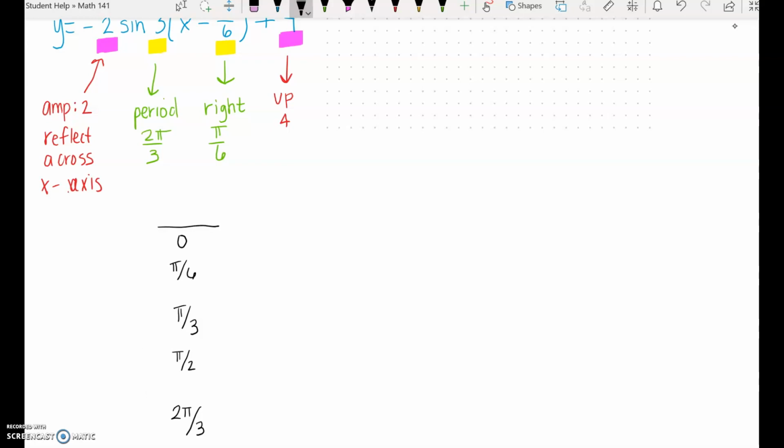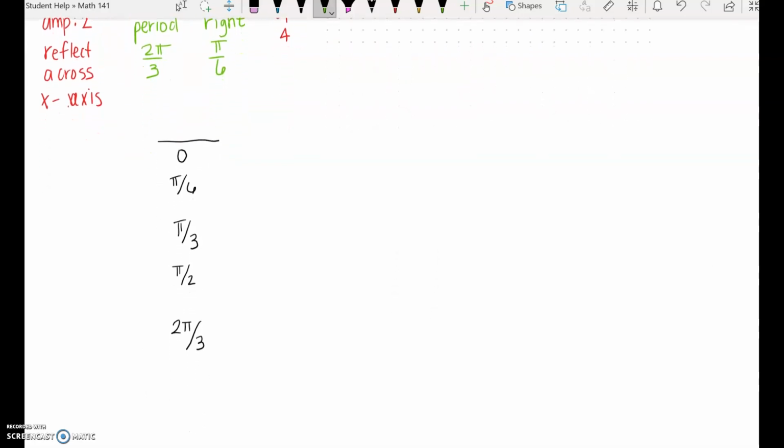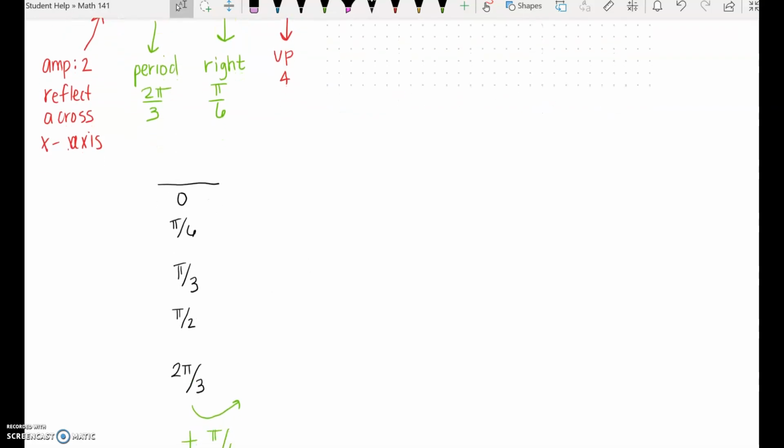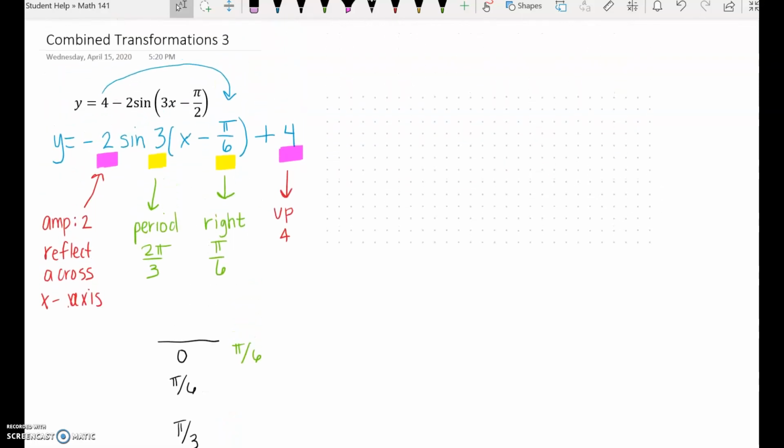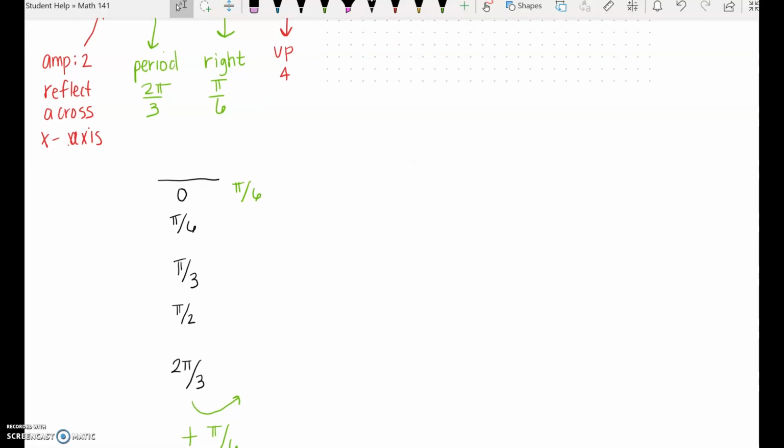All right, and then because we've got that phase shift to consider, we're going to add pi over 6 to each of these values. And so we're going to end up with pi over 6 as our starting point, and then this will be pi over 3, and that's 2/6 plus 1/6.